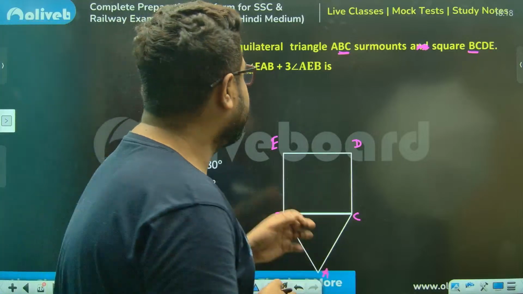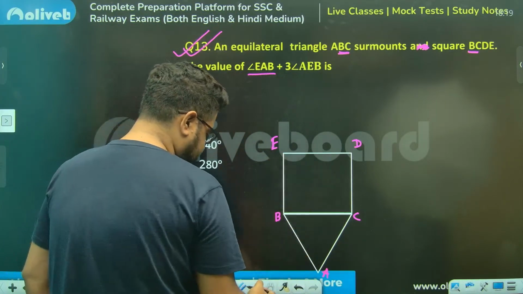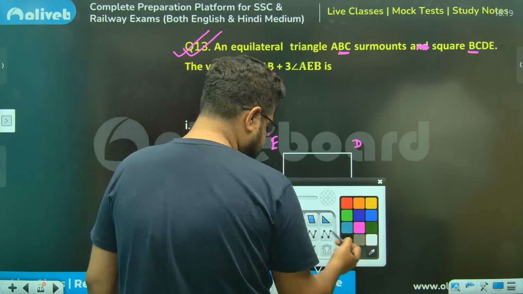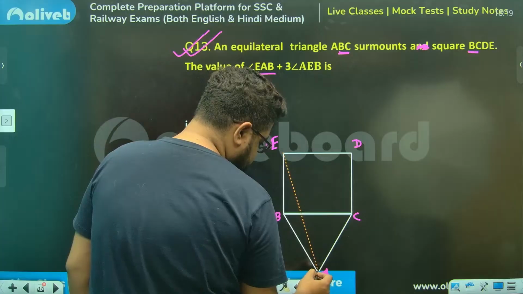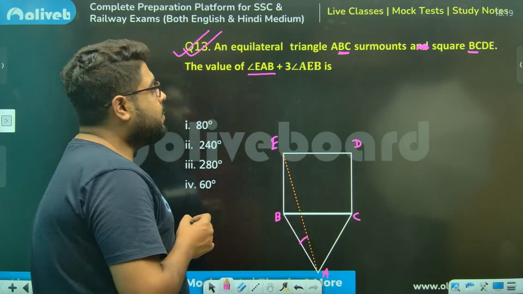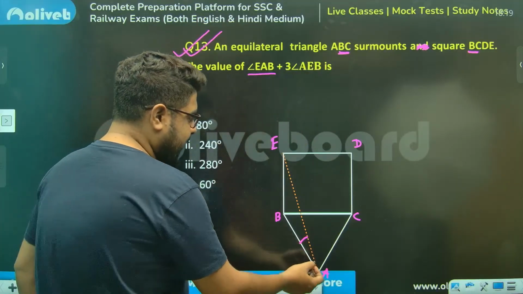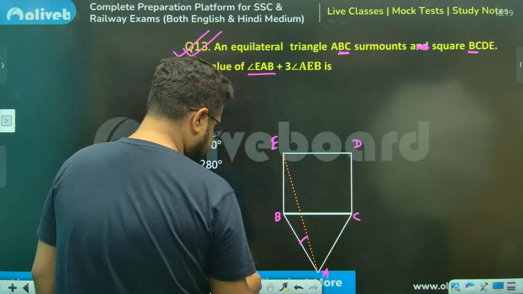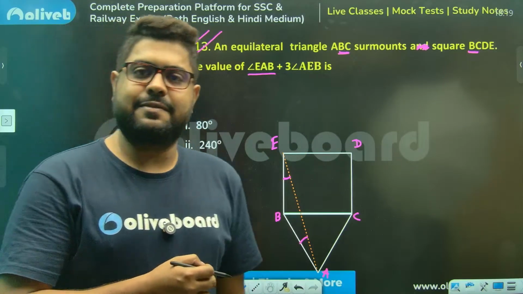Now the value of angle EAB plus 3 angle AEB. They are asking us this value.